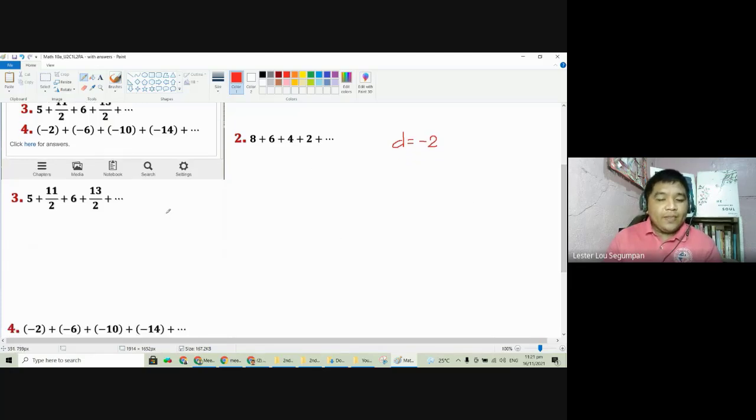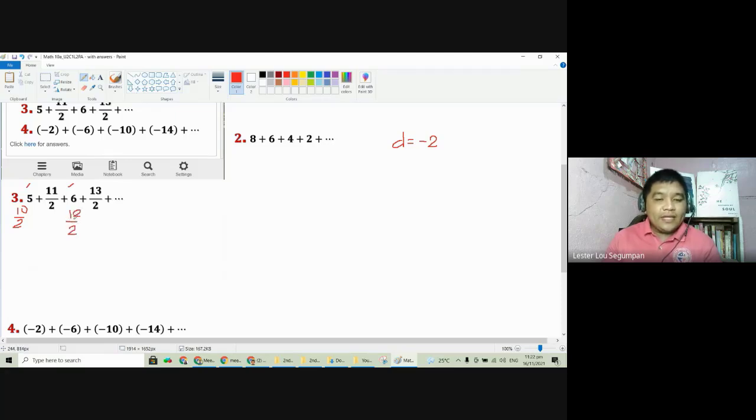In number 3, it may look too complicated, but if you write 5 and 6 as fractions with denominator 2, you will see that 5 is actually 10 halves and 6 is actually 12 halves.